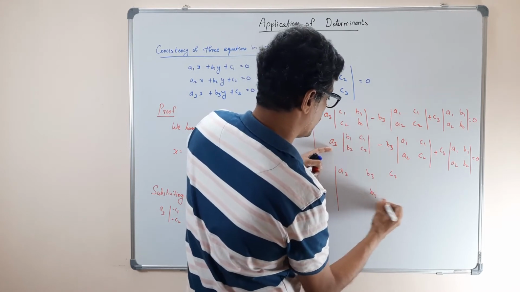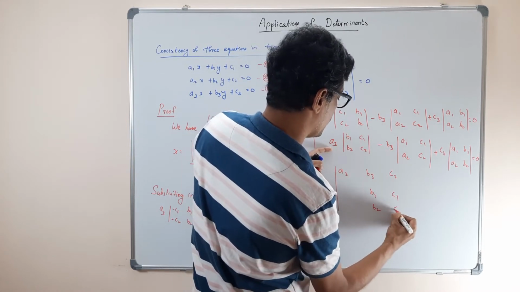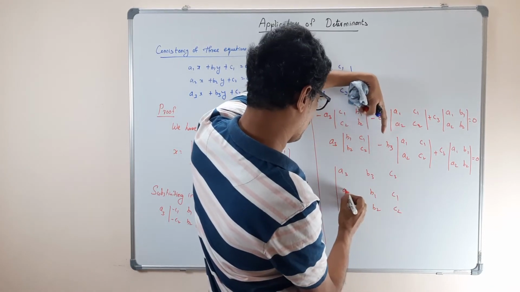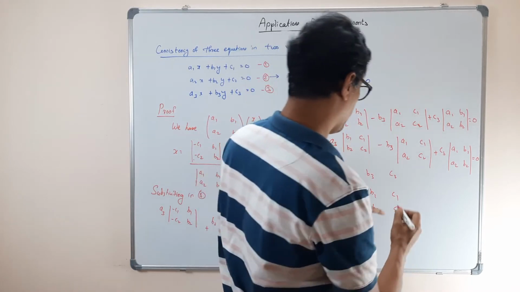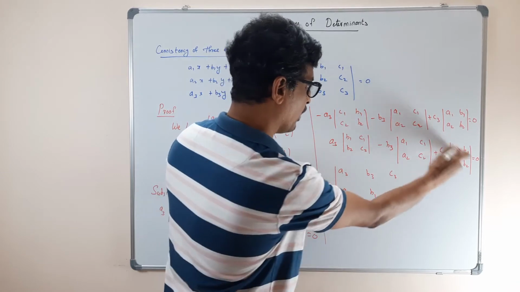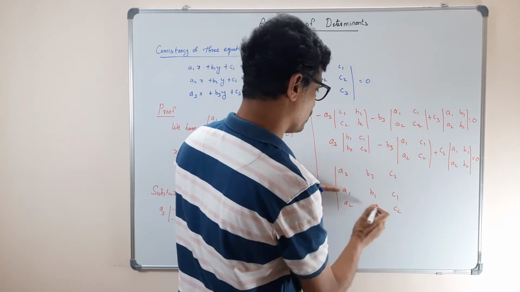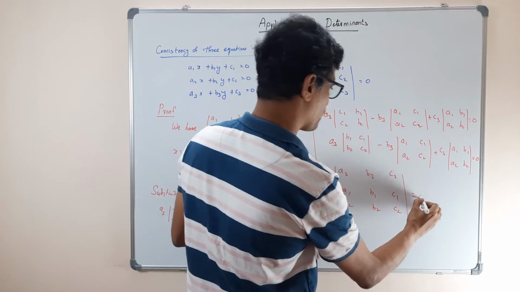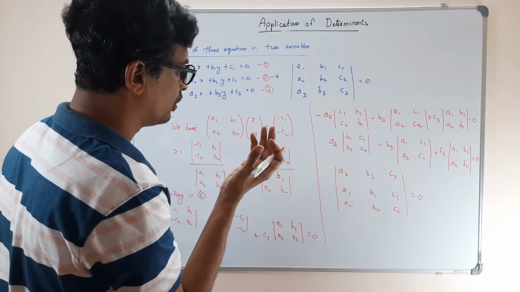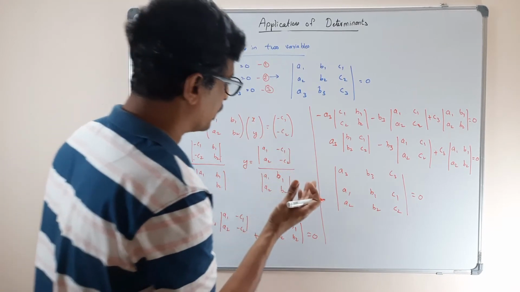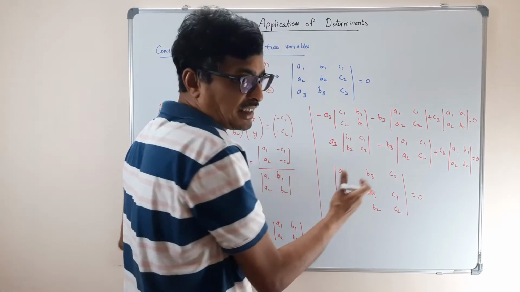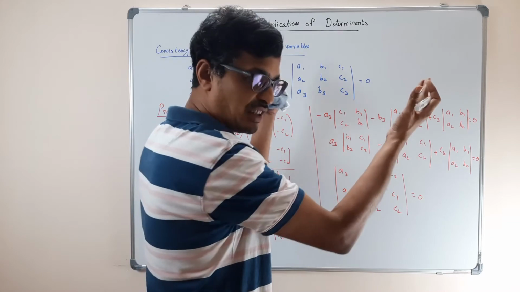I'll write as B1, C1, B2, C2, and so this is B3, C1, C2, so A1, A2, and finally C3, A1, B1, A2, B2, correct? Isn't that the same? Okay, you can always swap it down, correct? So it makes it negative, one minus sign, doesn't matter, anyway the right hand side is 0.